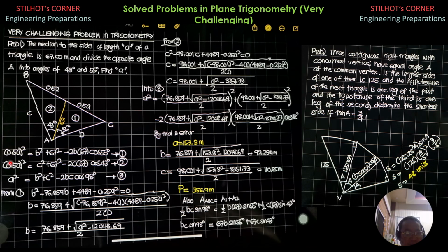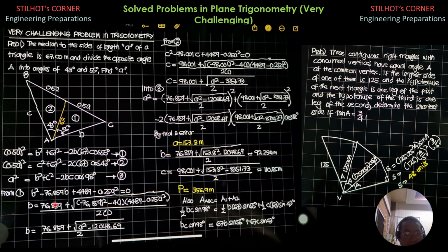Then from equation 1, we simplify it and we write it as b squared minus 76.859b plus 4489 minus 0.25a squared equals 0, where 2(67) cosine 55 in decimal is 76.859b, and 67 squared is 4489, transposing 0.25a squared to the left. We then apply the quadratic formula, that is the variable is equal to the negative of the coefficient of the first degree term.